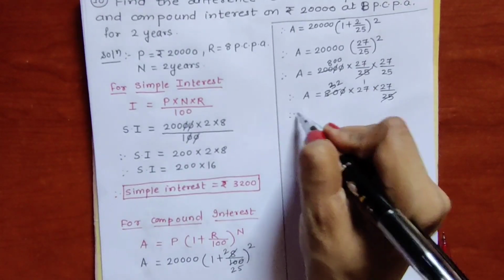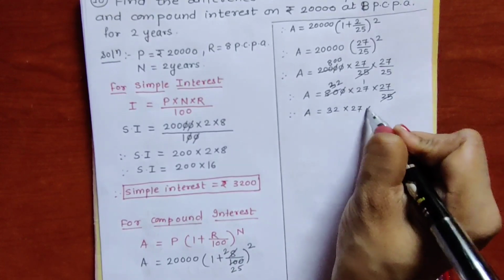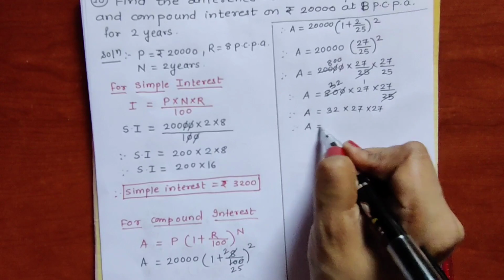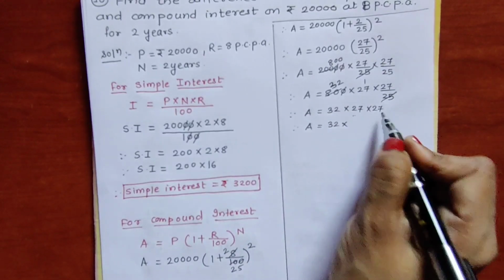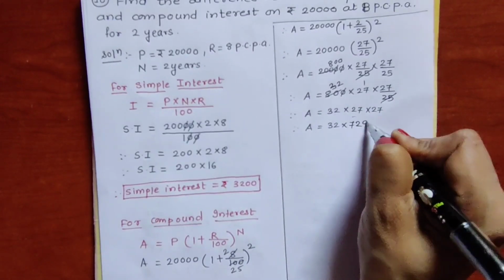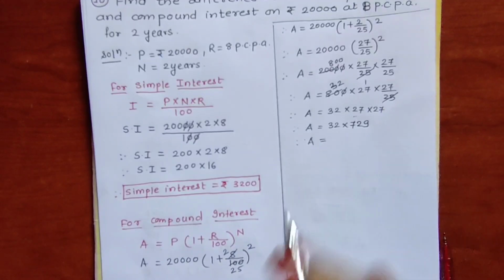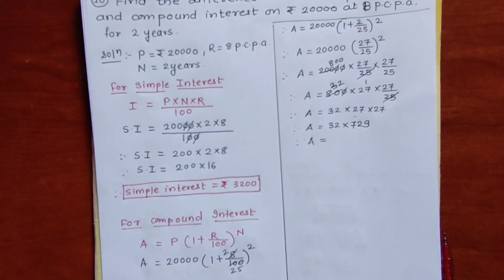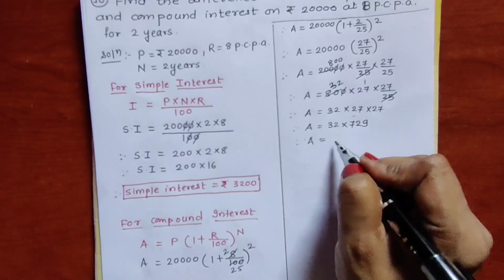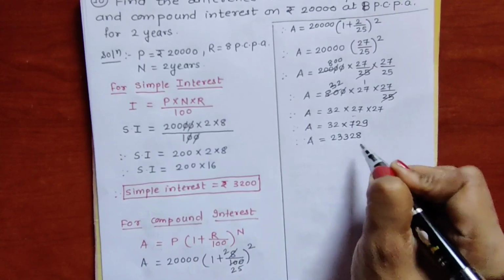So we will be getting A is equal to 32 into 27 into 27. So therefore A is equal to 32 into what is the square of 27? It is 729. Sorry, that means 32 multiplied by 729. When you multiply, you will be getting the answer 23,328.